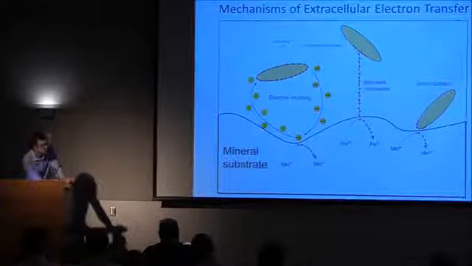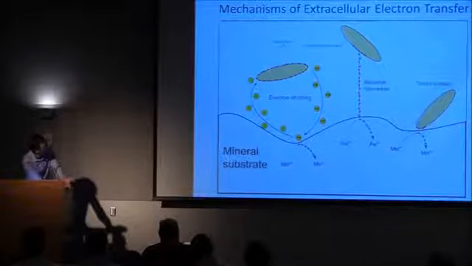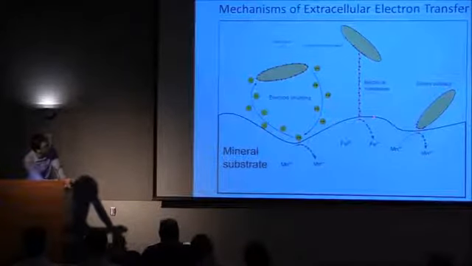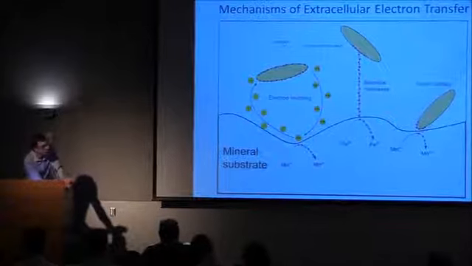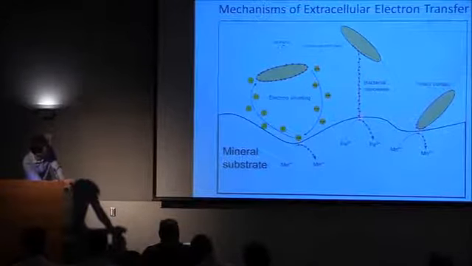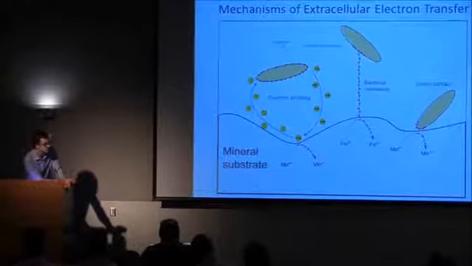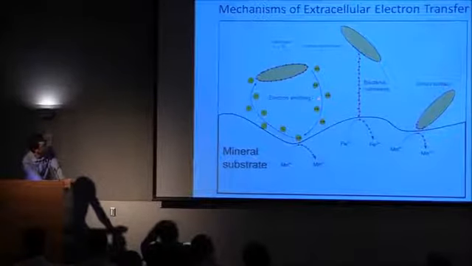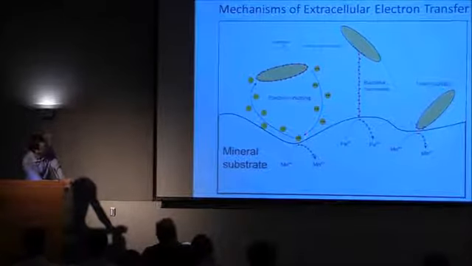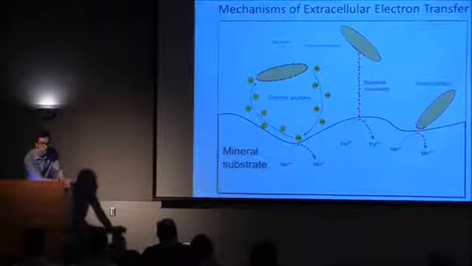So these are microns-long filaments that go from the cell surface to the terminal electron acceptor, and they transfer all these respiratory electrons. And the third pathway involves molecules that are called electron shuttles. So these molecules pick up electrons at the cell surface, and they diffuse back and forth between the cell and the terminal electron acceptor, and they transfer these respiratory electrons.